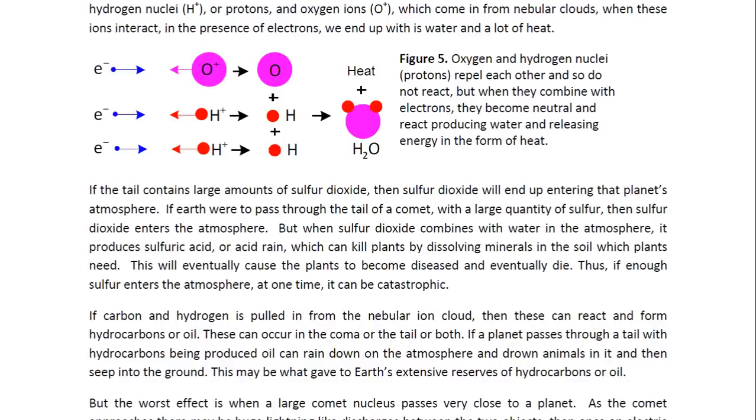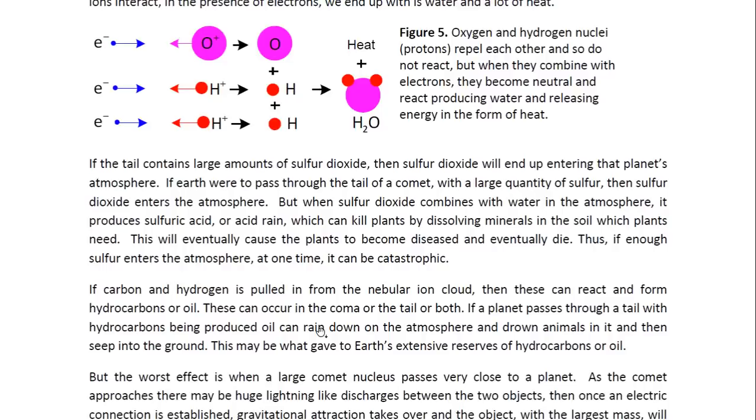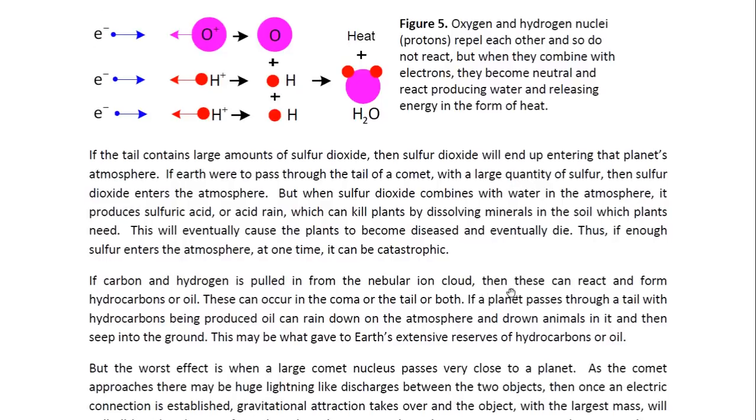And this can be detrimental for plants because it dissolves minerals in the soil which plants need. And this would eventually cause plants to become diseased and eventually die. So this could be a big problem for our planet, and if a large amount of sulfur dioxide enters, could be catastrophic.